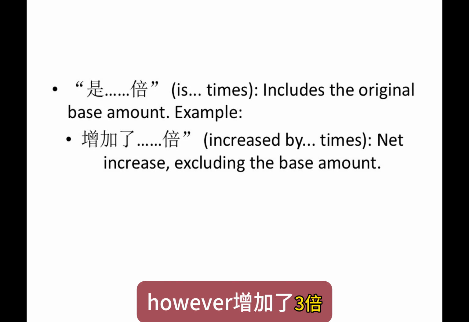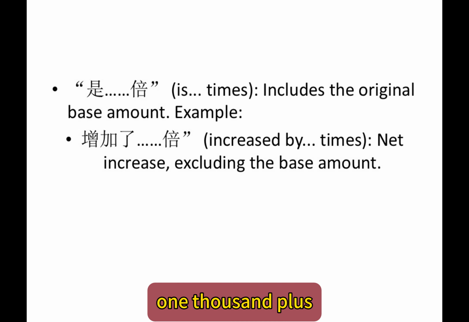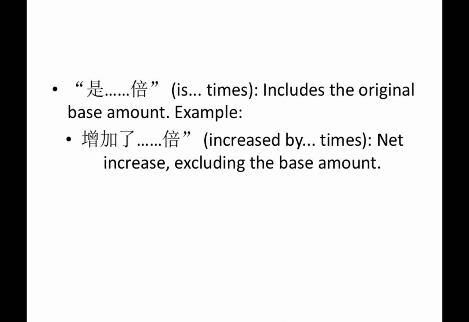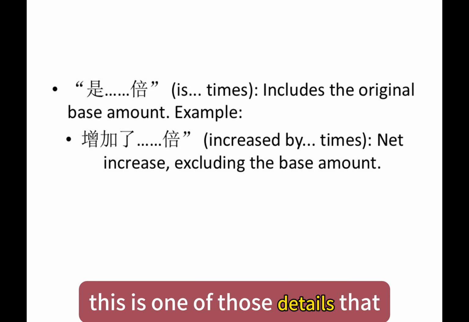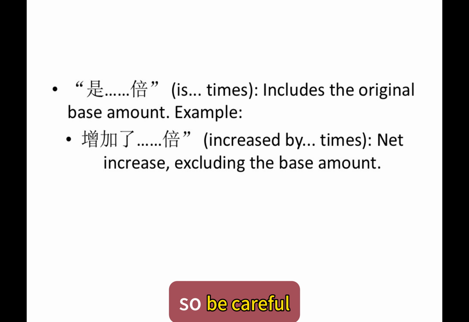However, 增加了3倍 means you added 3 times the original amount. 1,000 plus another 3,000 equals 4,000. This is one of those details that even advanced learners often miss, so be careful.